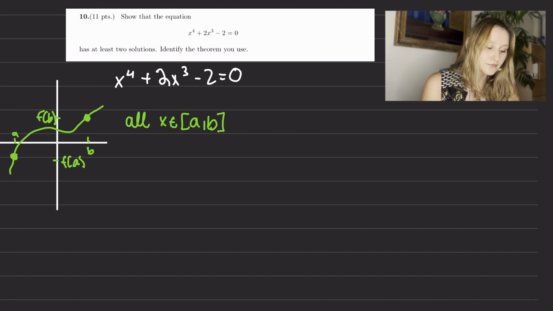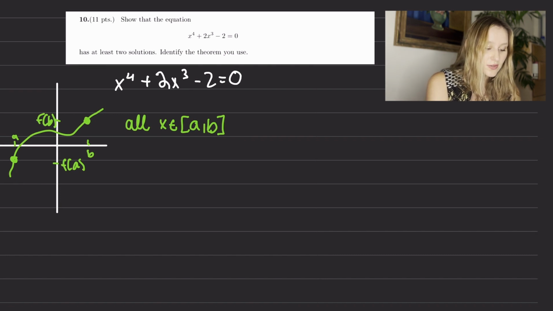Let me explain this better. For all x values in between these 2 points, they're all going to be included along with all of the y values.